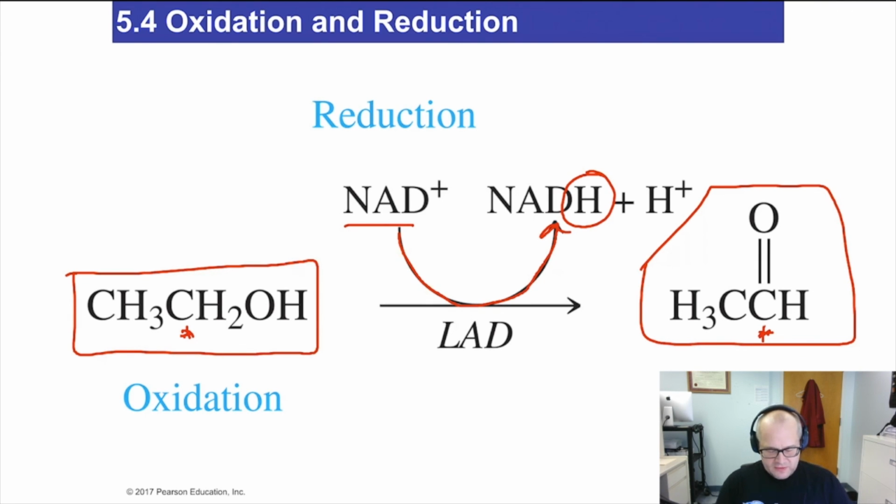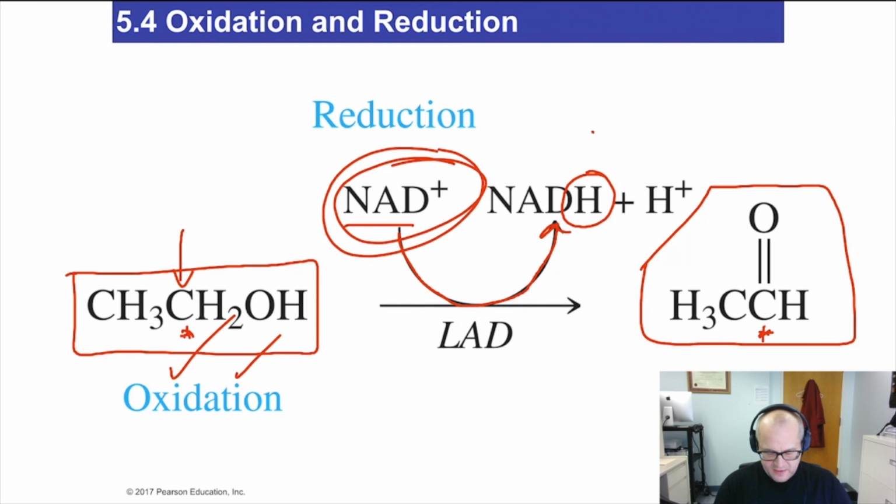Okay? So this molecule is oxidized. This molecule is reduced. It takes a hydrogen. Okay? This molecule gives up one of the hydrogens on that carbon. This molecule accepts the hydrogen from that carbon. Okay? Where there's an oxidation, there by definition must be a reduction. Pretty neat, huh? Pretty cool.